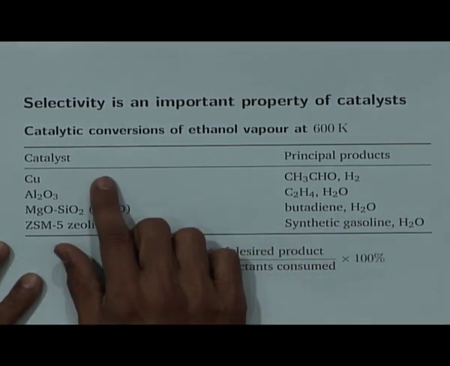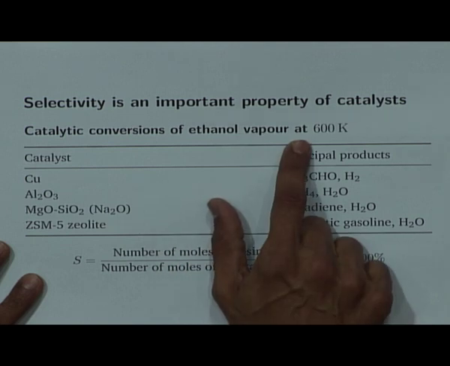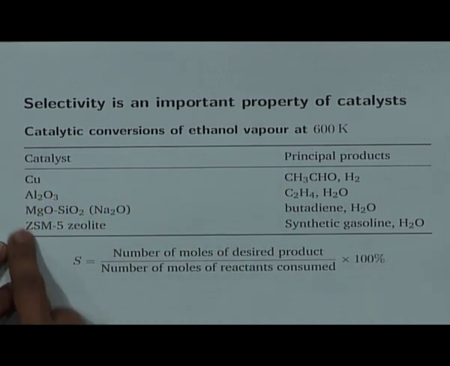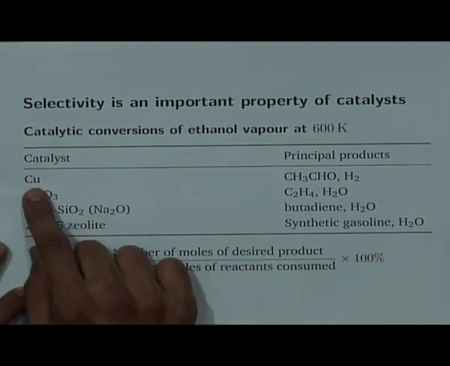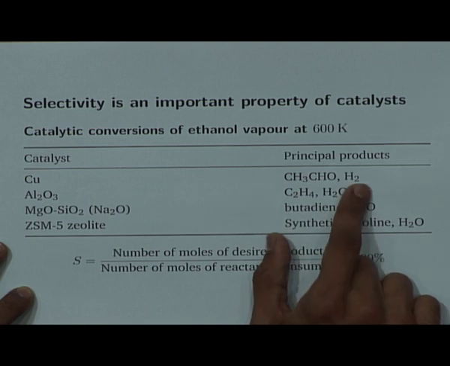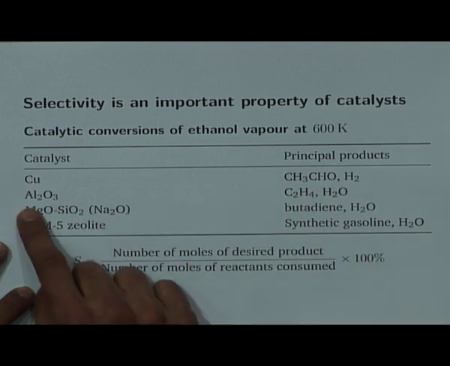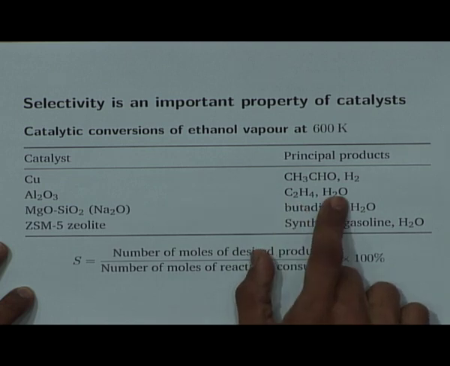If you look at the conversion of ethanol vapor at 600 Kelvin in the presence of various catalysts, I have listed it out here. In the presence of copper, I get acetaldehyde and hydrogen. With alumina as a catalyst, I get ethylene and water.